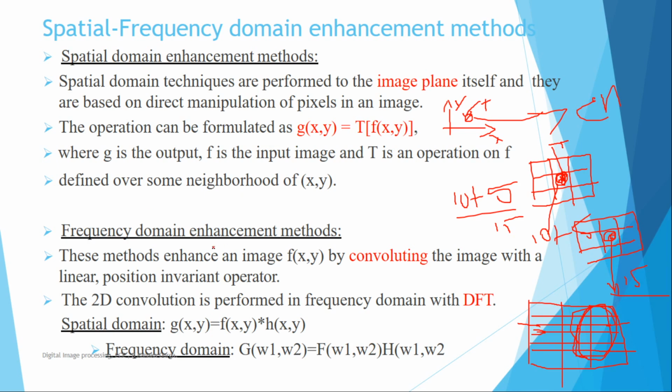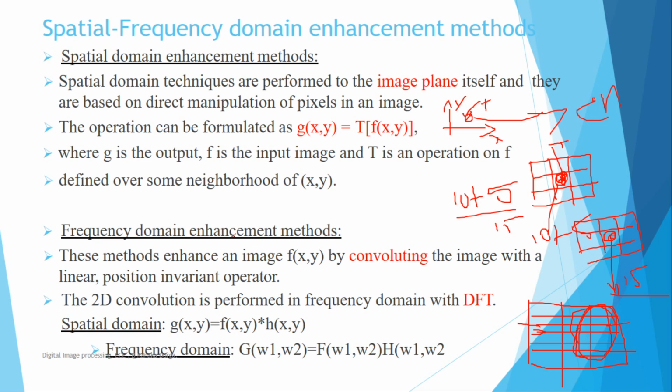Next, frequency domain enhancement methods. In the frequency domain enhancement method, we will not apply the enhancement tool directly on the original image pixel values. We have to convert from the spatial domain to the frequency domain. Already we know the advantages of frequency domain analysis.